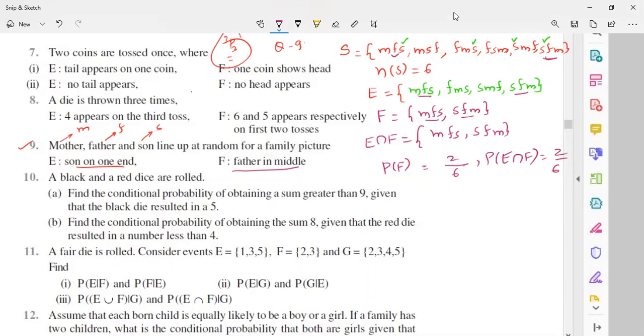The probability of E when F has occurred is equal to probability of E intersection F divided by probability of F, that is 2 by 6 divided by 2 by 6, which is equal to 1. So like this, you can try the other questions.